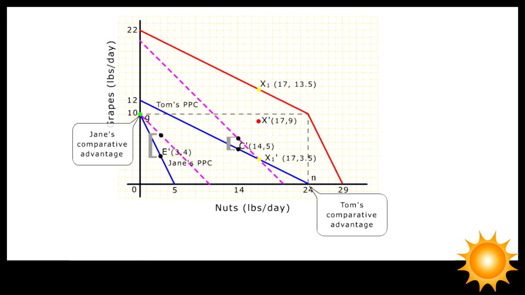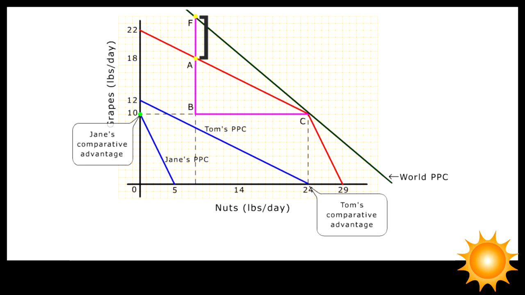Therefore, partial or complete specialization according to comparative advantage is a win-win strategy to increase total output, even though one party might enjoy absolute advantage over another party.